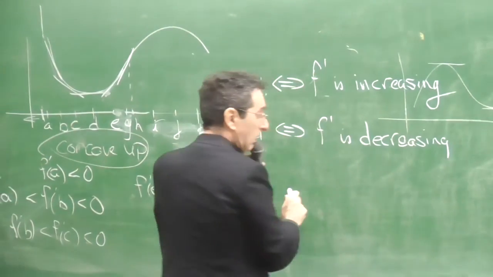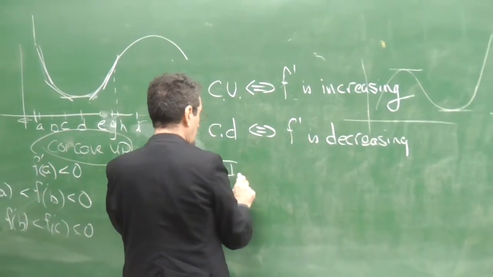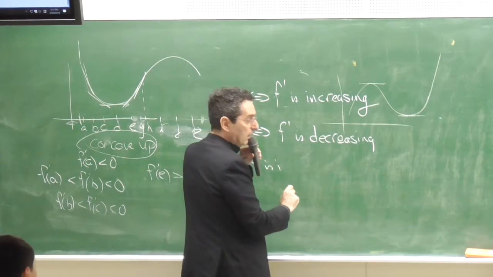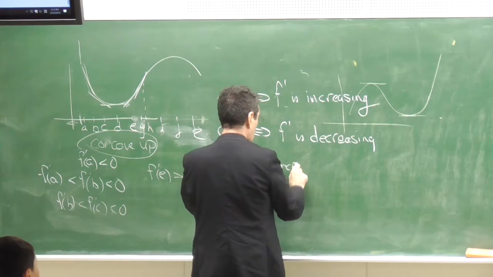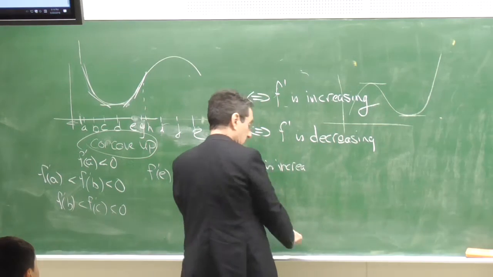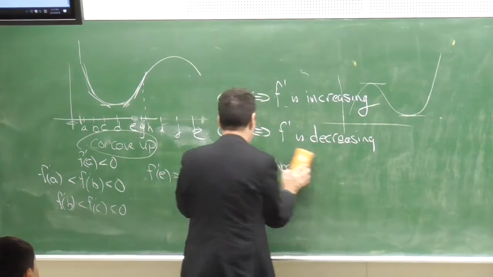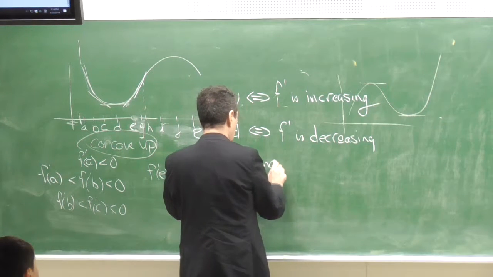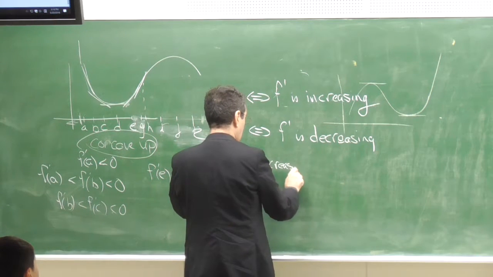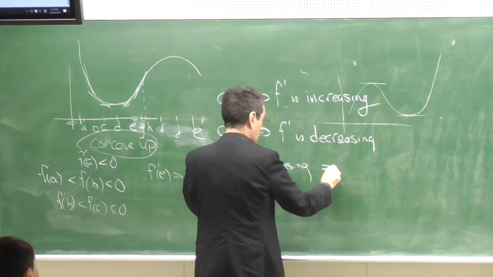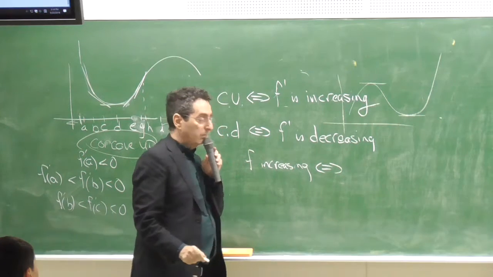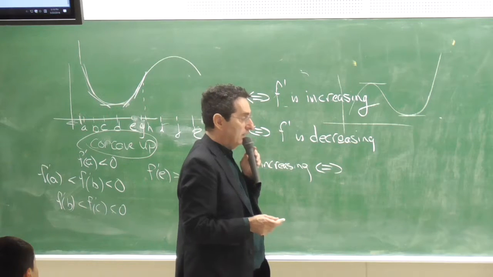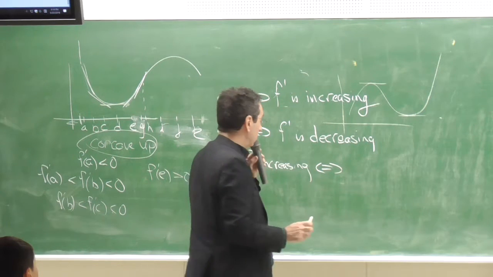What did the bottom one say? F increasing, then what? F prime is greater than 0.